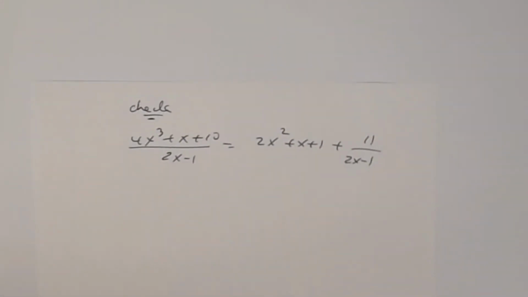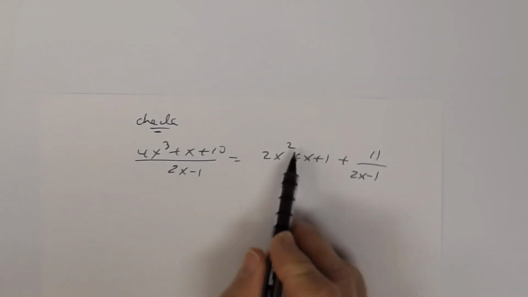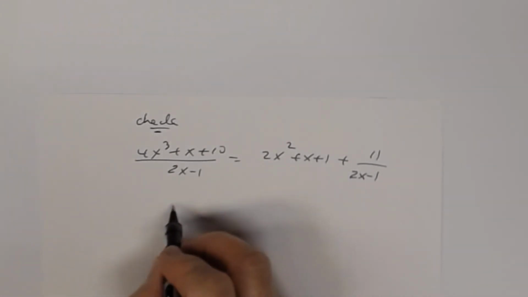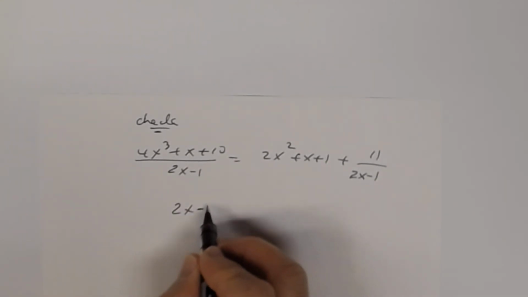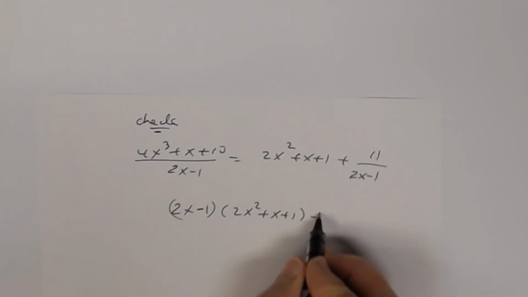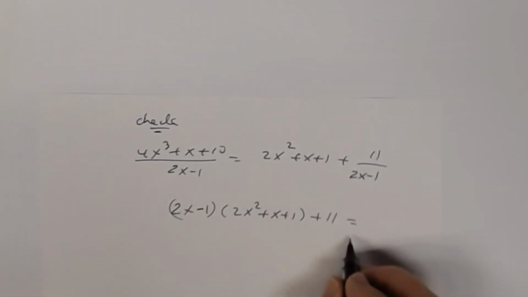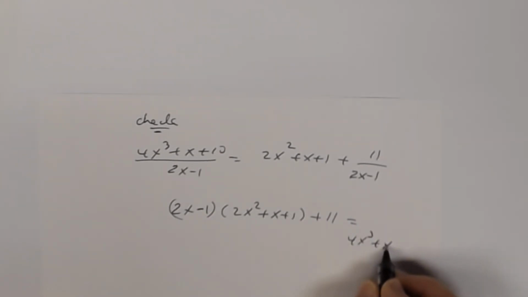To check it, you're going to say your divisor times your quotient, remember, that's your quotient, plus the remainder has to equal the dividend. And the dividend is 4x cubed plus x plus 10.